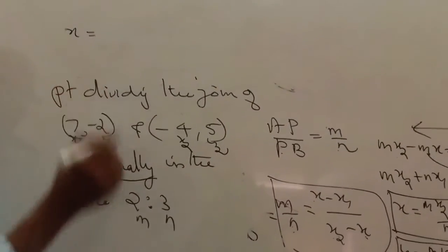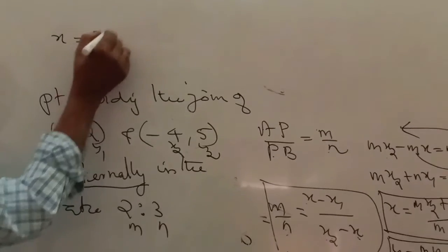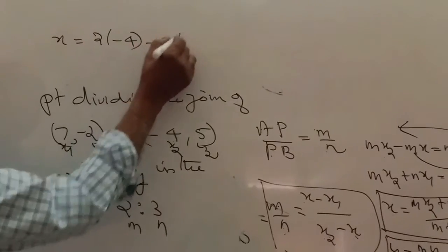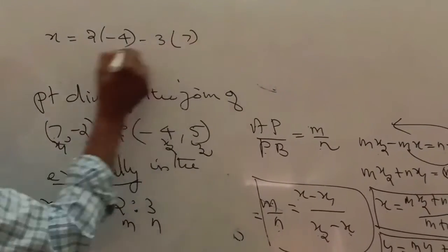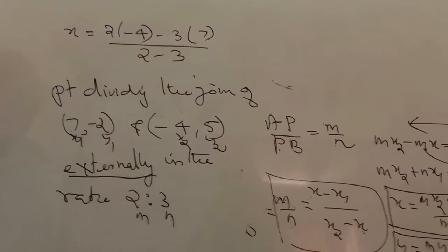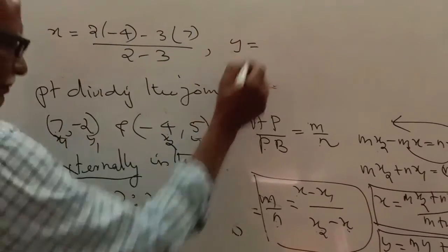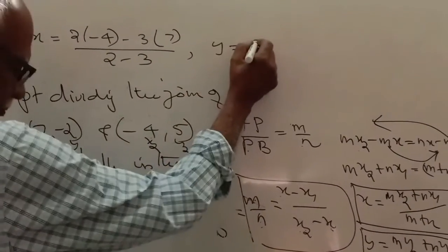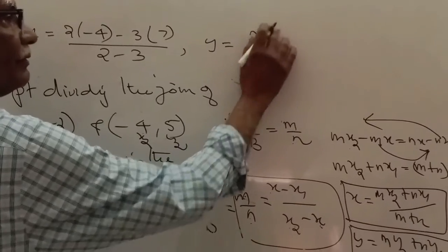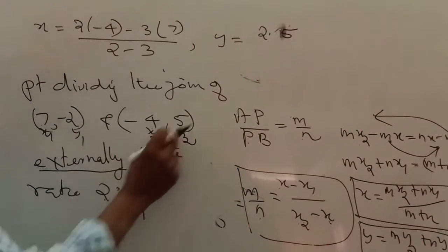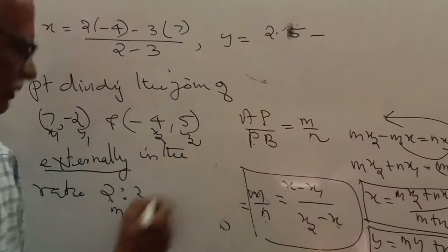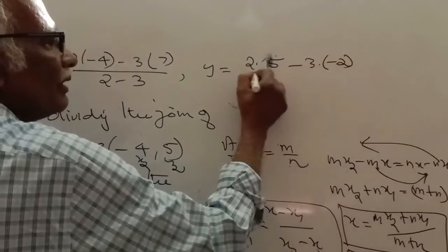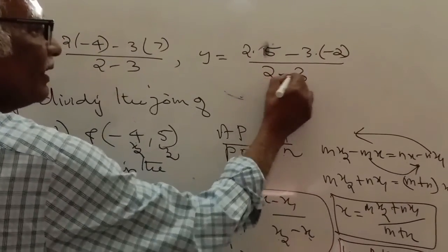X will be m into x2, that is 2 into minus 4, minus 3 into x1, 7, divided by 2 minus 3. Y will be exactly the same. M into y2, 2 into 5, minus 3 into minus 2, divided by 2 minus 3.